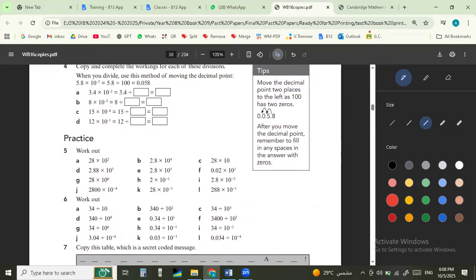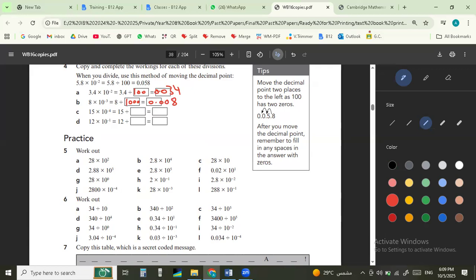Next, here you are multiplying by 10 to the power of negative 2 as if you're dividing by 10 to the power of 2, which is dividing by 100, which is moving the decimal point two digits to the left, 0.034. Here, multiplying by 10 to the power of negative 3 as if you're dividing by 10 to the power of 3, which means dividing by 1000, is going to lead to 0.008.